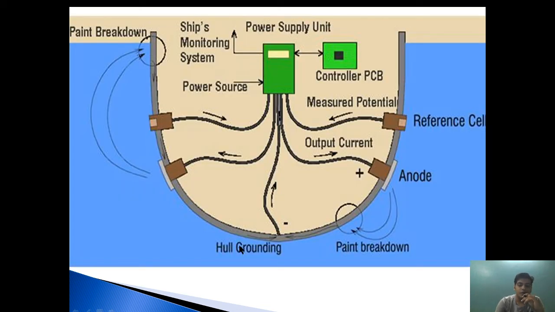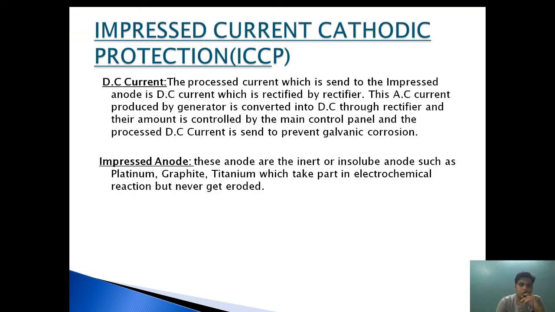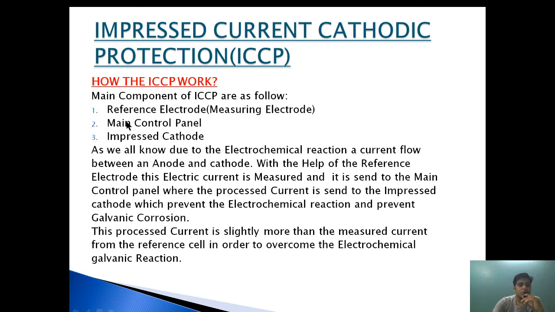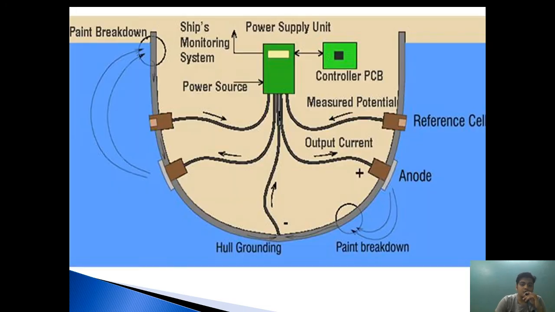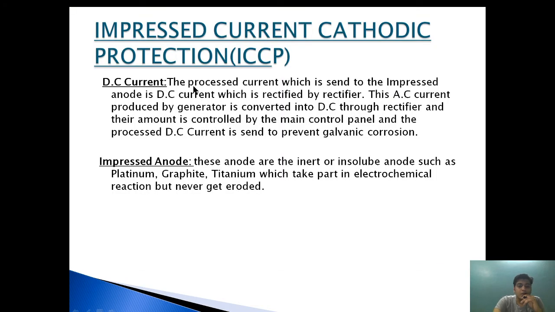Okay, now, as I've told you, the ICCP consists of three components: reference electrode, main control panel, and impressed anode. Now this impressed anode is getting power from the main supply panel. The process current which is sent to the impressed anode is DC current, which is rectified by a rectifier.